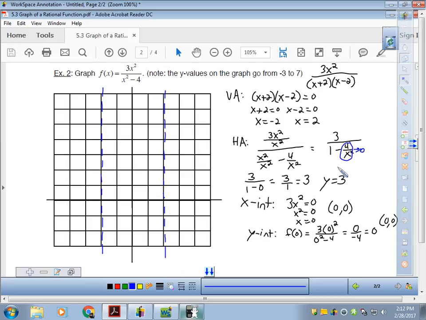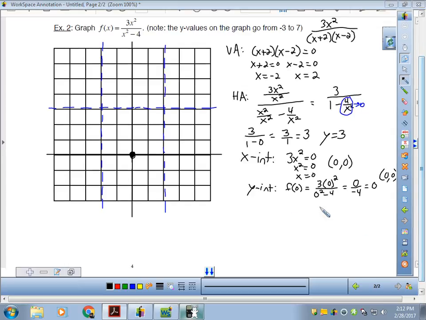We have a horizontal asymptote at y equals 3. And then the x and y-intercept are both at 0, 0 at the origin. So there's our graph so far.